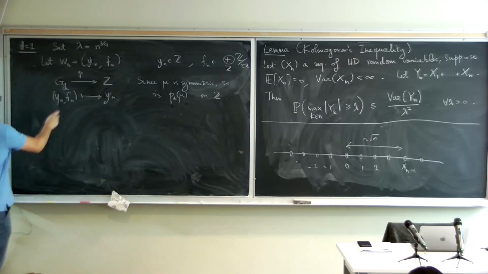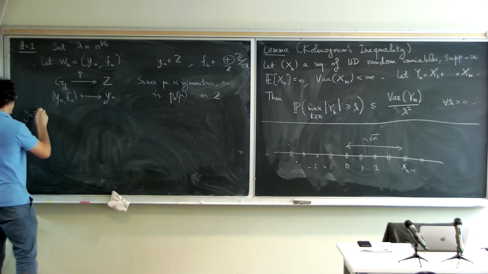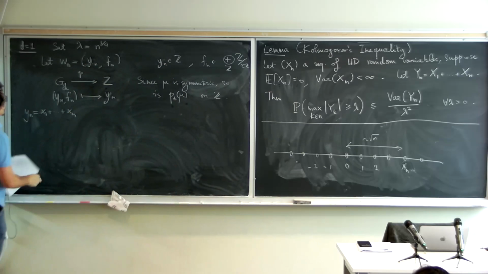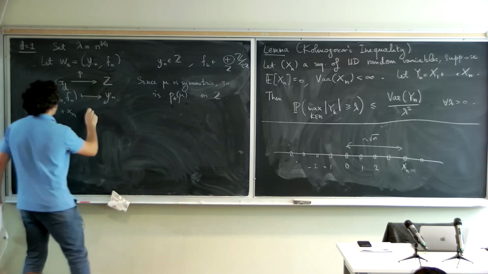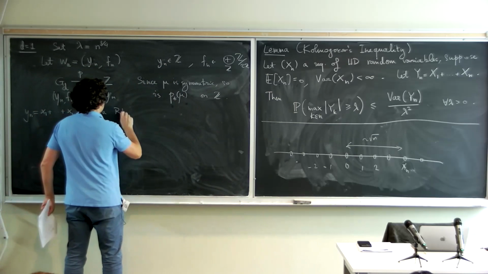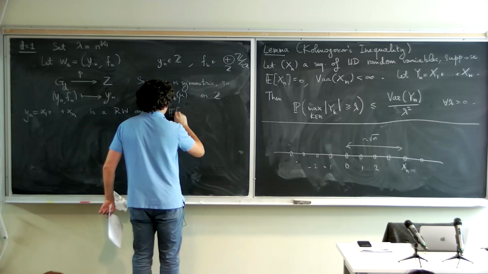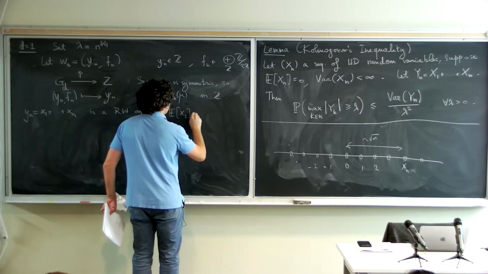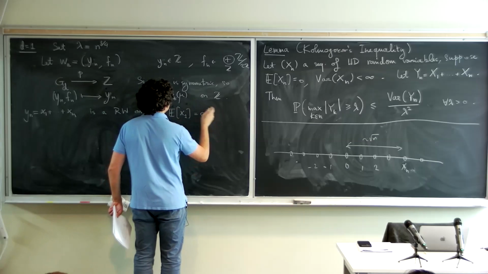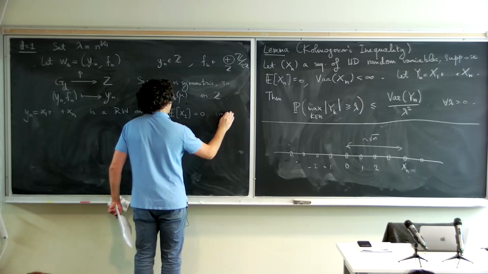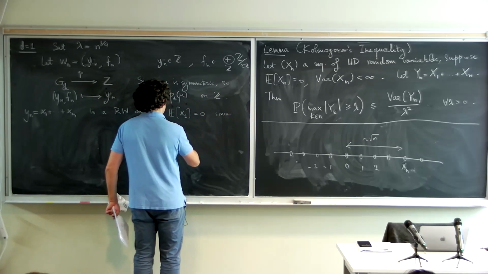So in this walk, you have Y_n equals X_1 plus through X_n. These are the projections of the increments. So this one is a random walk on Z, and the expectation of X_1 is 0, since p_* mu is symmetric.